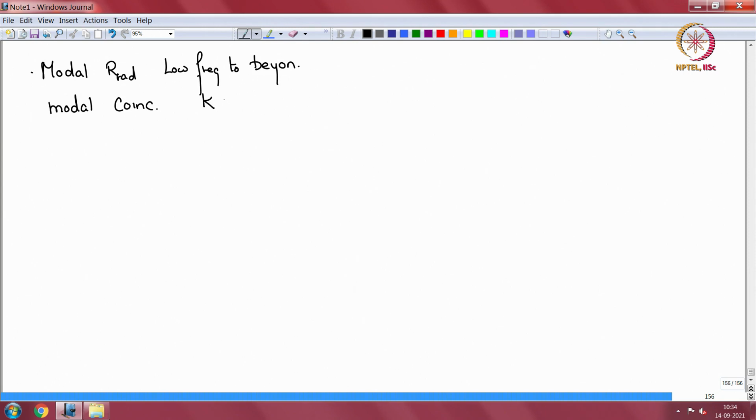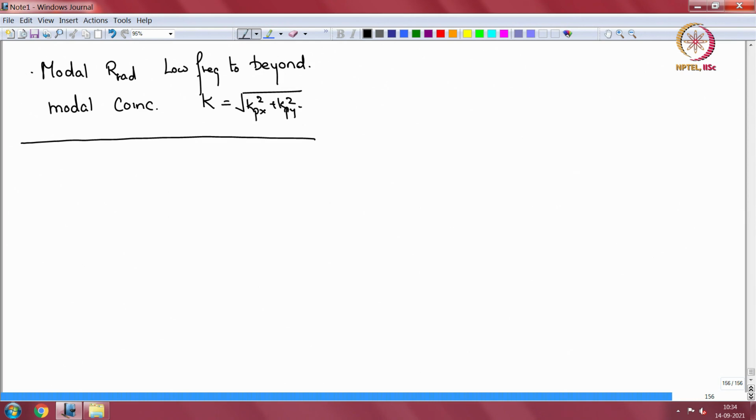That means k being equal to square root of kpx square plus kpy square, just beyond. Okay. So we'll see.